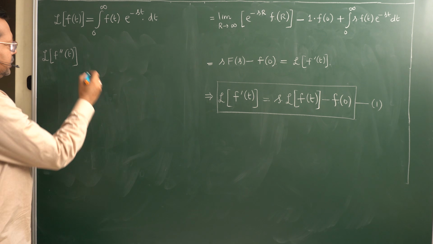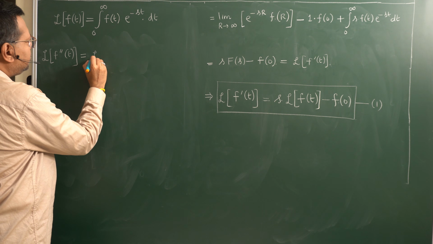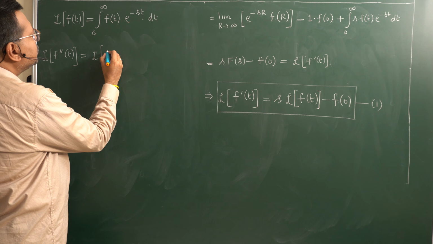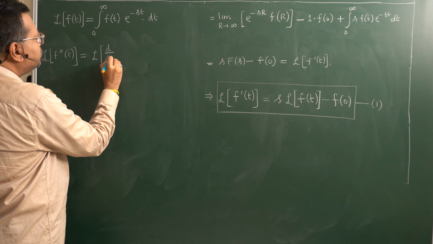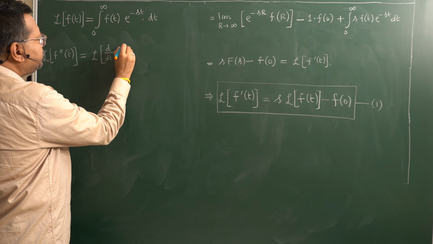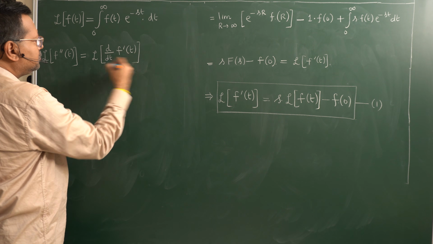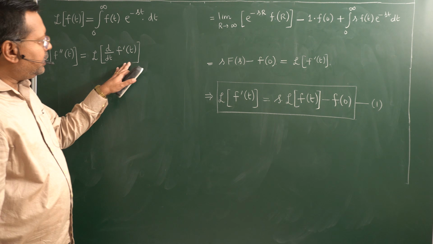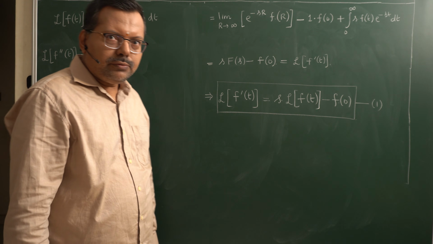The idea comes like this. This is nothing but the Laplace transform of d by dt of f prime of t. Both are same, right? F double prime is nothing but d by dt of f prime of t. What is the advantage?